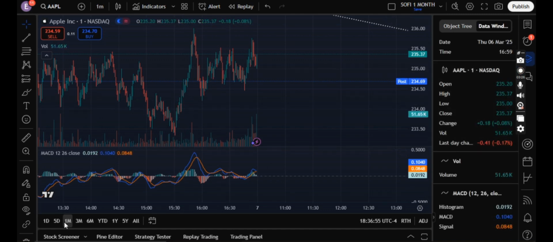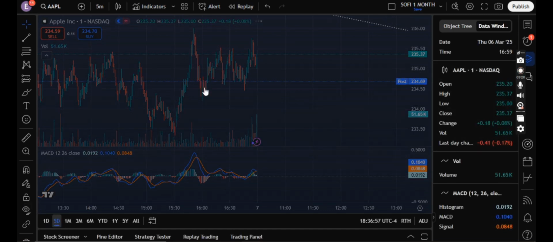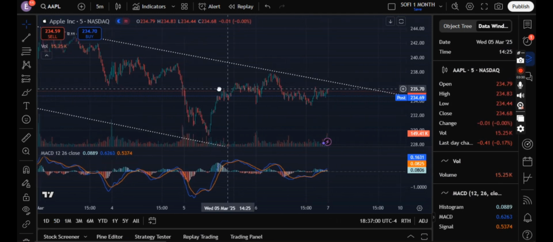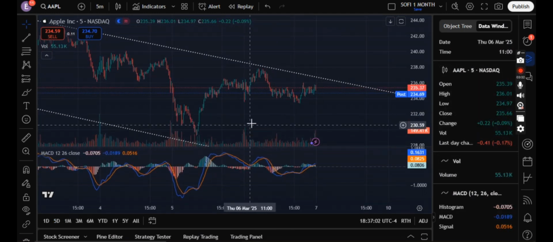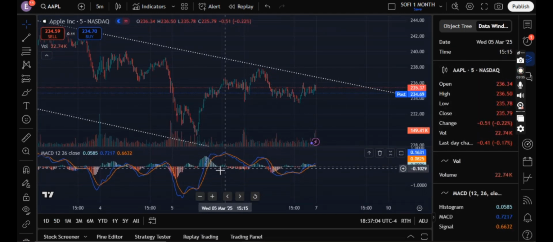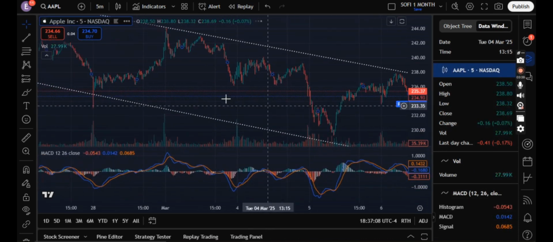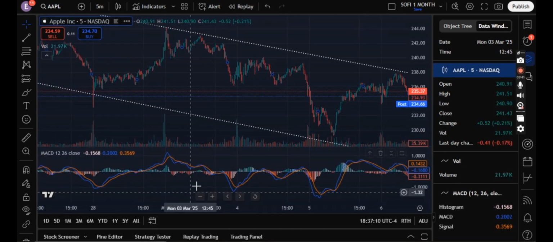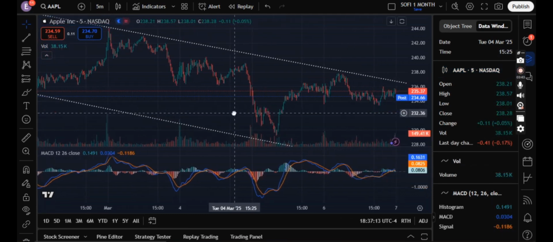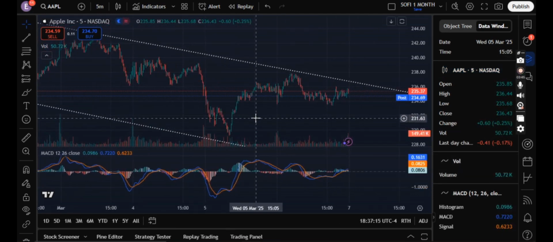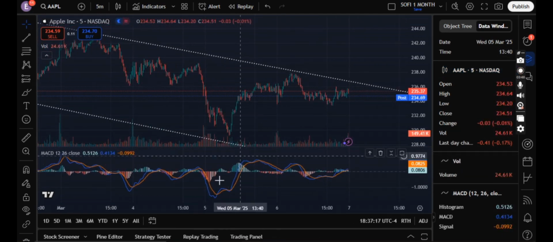But with options, in fact, I use the 5-day chart. And what I tend to observe is that you would have about 1, 2 or 3 cycles throughout the course of the day.